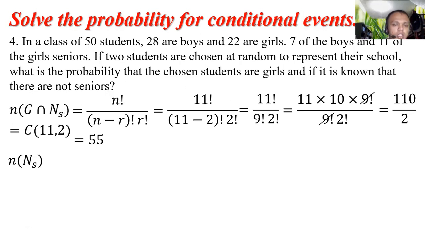Next, what is the number of events na the students are not seniors? Okay? So kung senior natin, we have 18 kasi 7 boys, 11 girls na senior. So 50 minus 11, that is equal to 39.